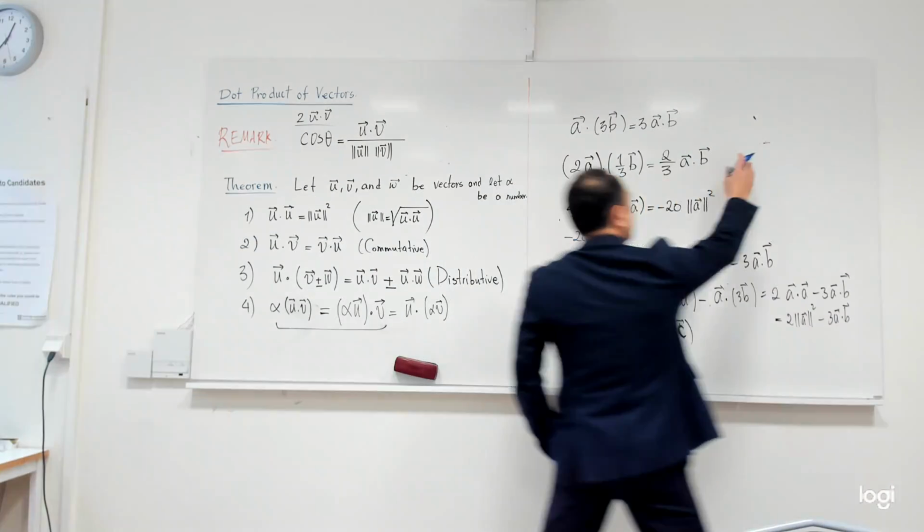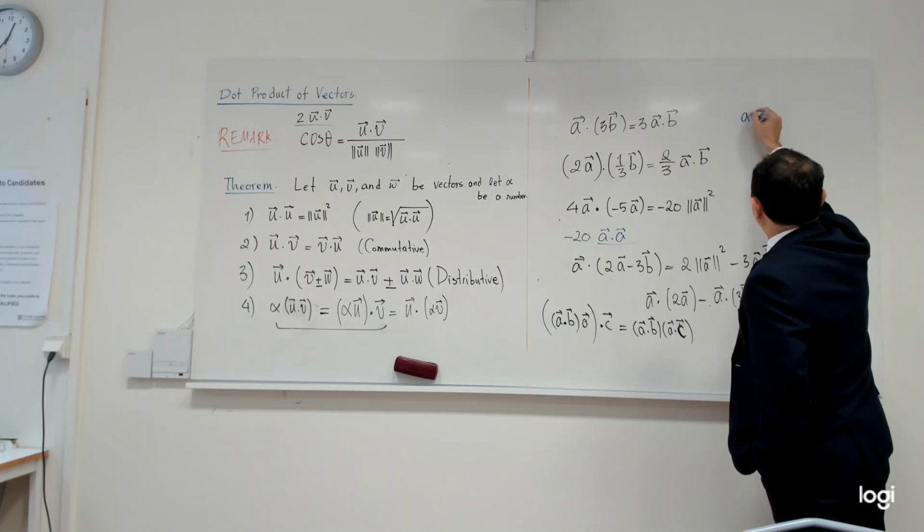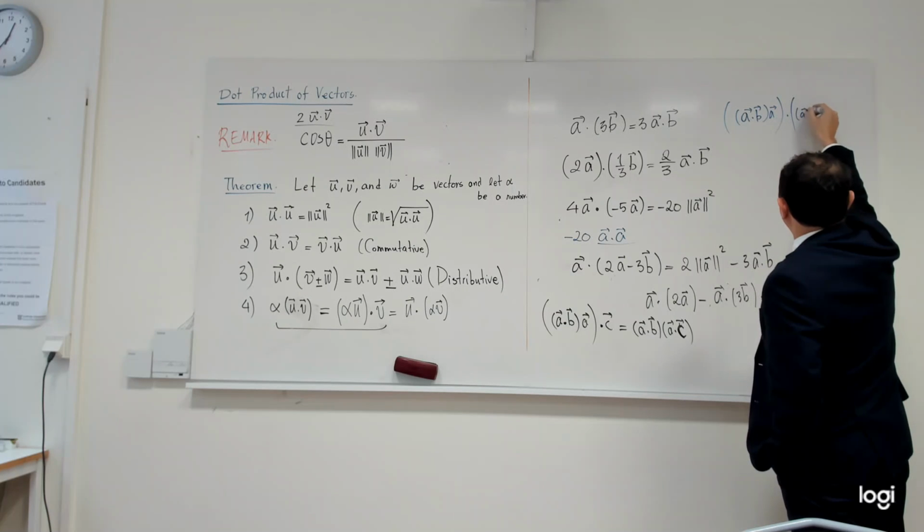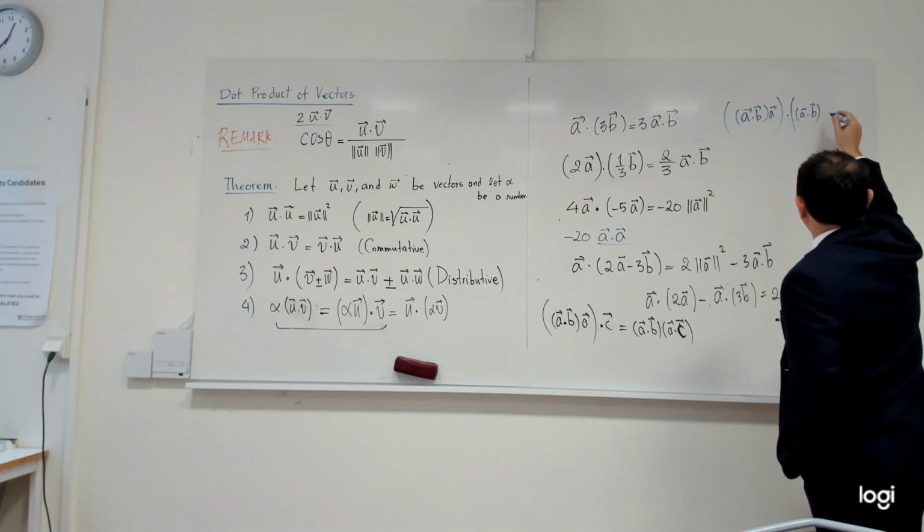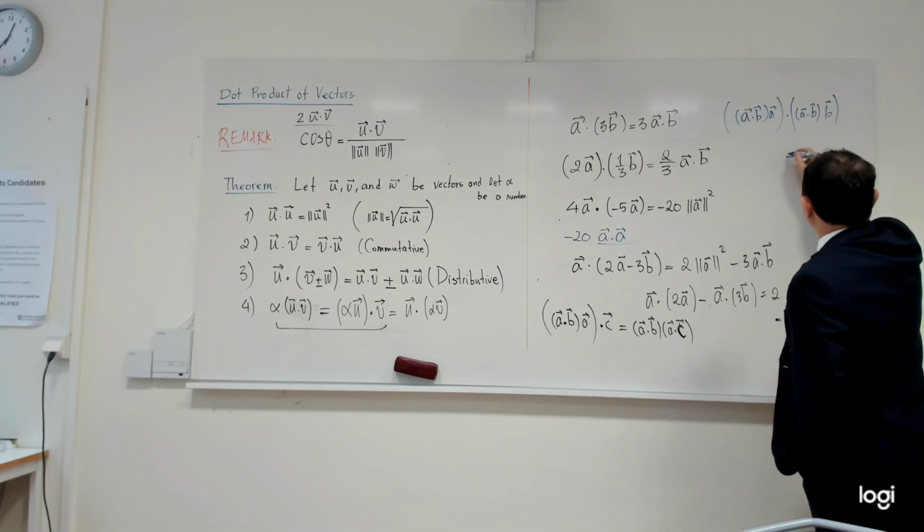Let me write something here. (A dot B) A dot (A dot B) B is equal to (A dot B) to the power 3.